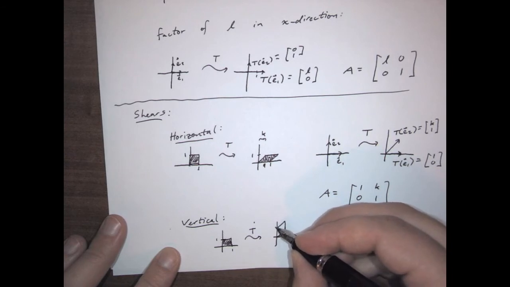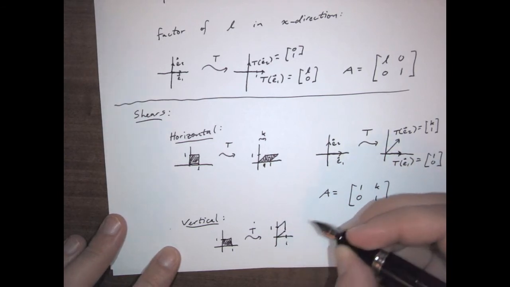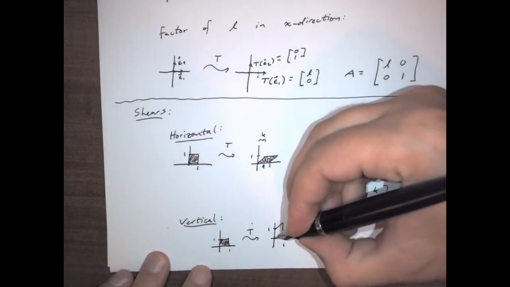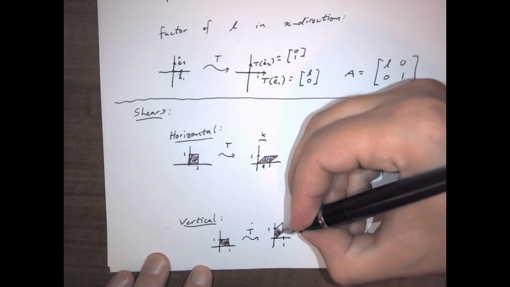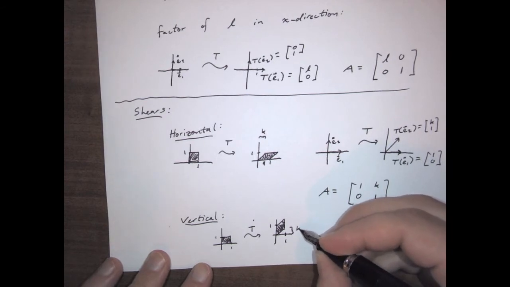So once again, we're not changing the area of this. In fact, we're only changing the layout of it a little bit. And here, this is what will be the factor. So this will be the k.